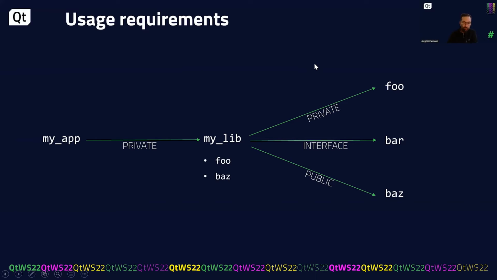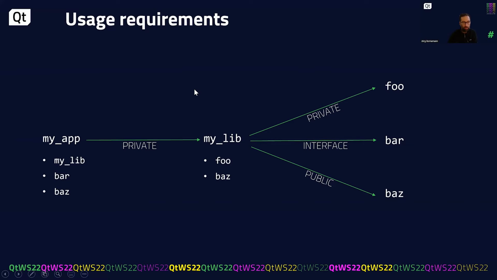So if we look at the effective linker command line, the libraries that appear on the linker command line when linking mylib, then we see that foo is linked because it's privately linked. Baz is linked because it's publicly linked, which means PRIVATE and INTERFACE.